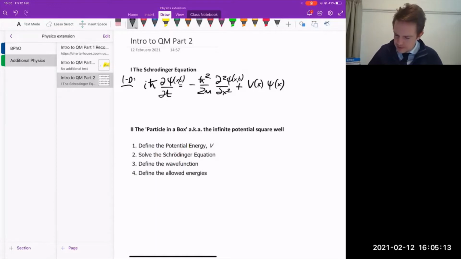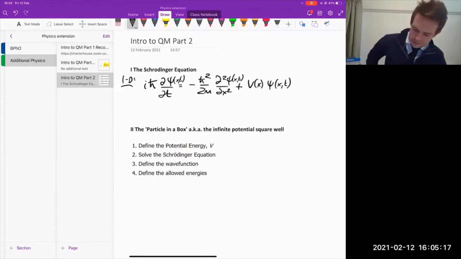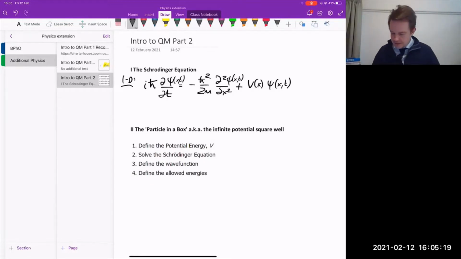So the wave function is a function of position and time. We've got this term, which tells you something about how the state of a system will vary as time goes on, because it's got a dt in it. And then we've got this part, which tells us something about the positional dependence of the wave function.